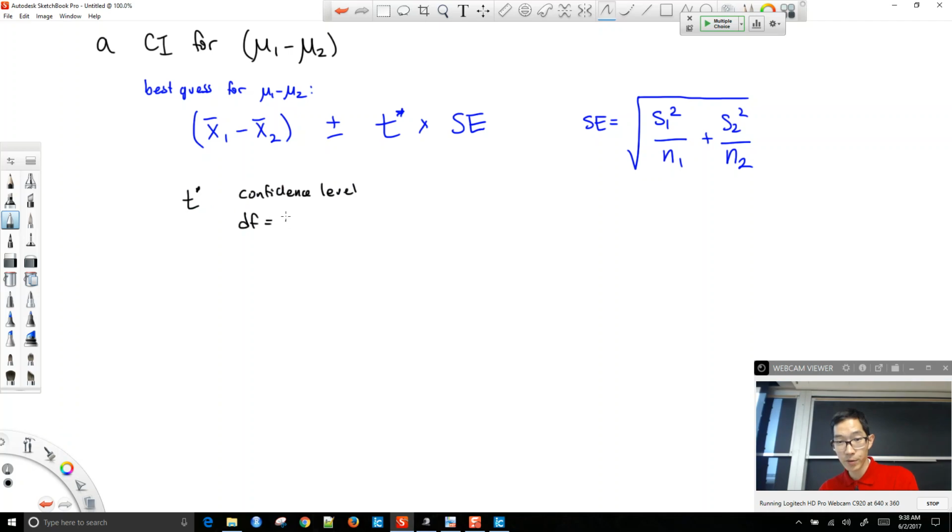Degrees of freedom is still n minus 1, but now we have two n's, so we use the smaller of n1 and n2.